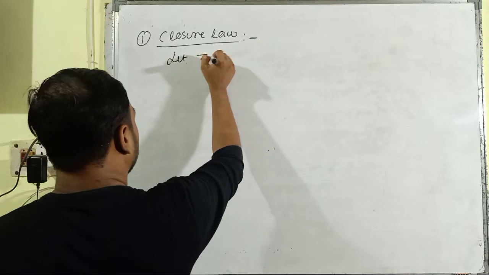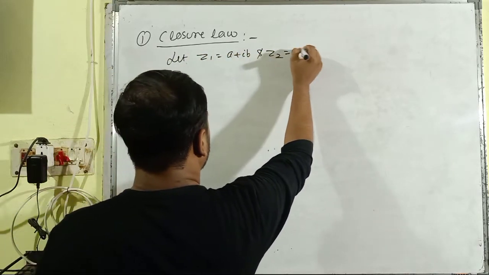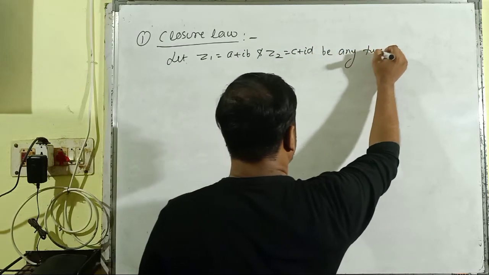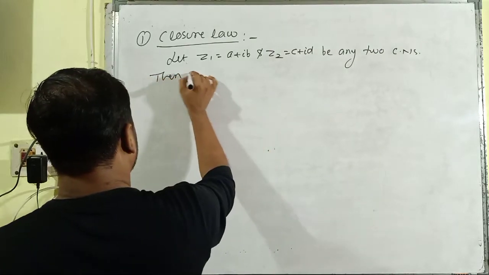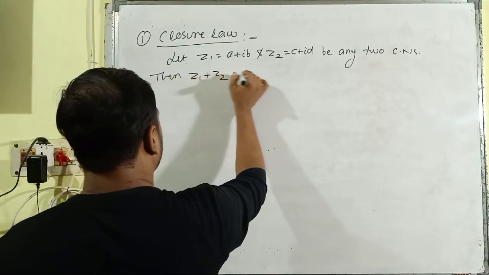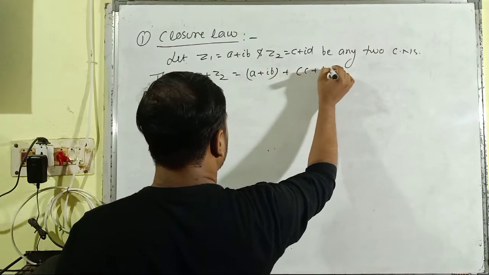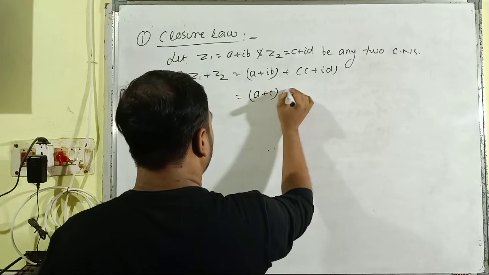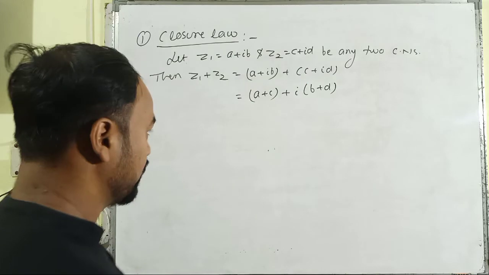Let Z1 is equal to a plus ib and Z2 is equal to c plus id be any 2 complex numbers. Then Z1 plus Z2, because we have already added a little while ago, we can directly write it as a plus c plus i into b plus d, because we have already proved it.